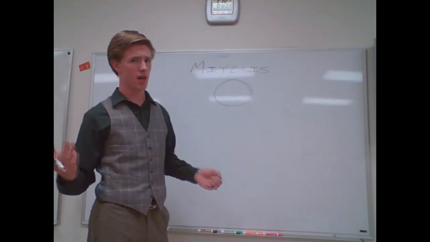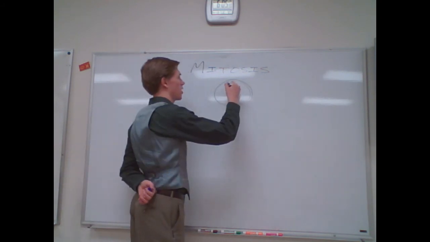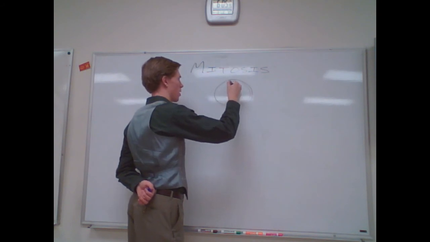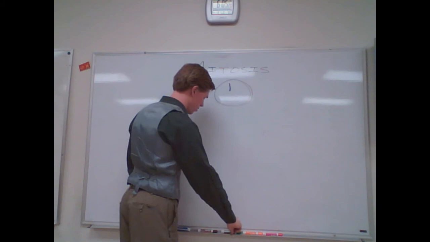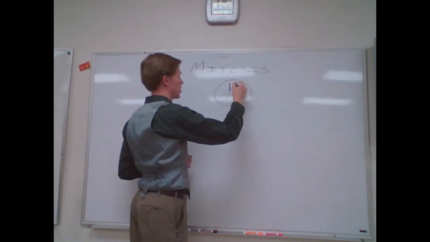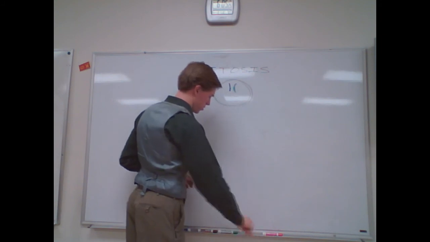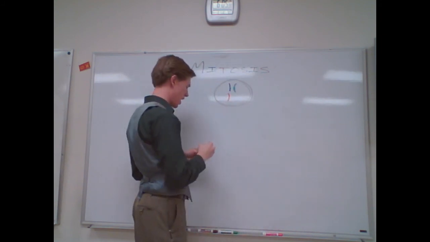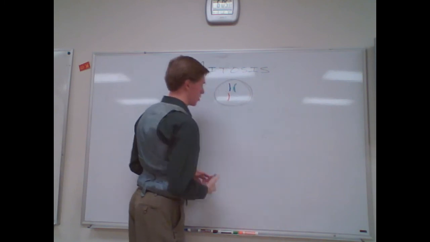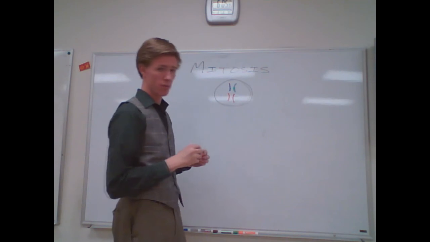So we're going to say it's, I don't know, a magical creature with skin and eyes or something. Now its eyes could either be a blue chromosome from the dad or a green chromosome from the mom, okay? And its skin could either be an orange chromosome from the dad or a pink chromosome from the mom, okay?